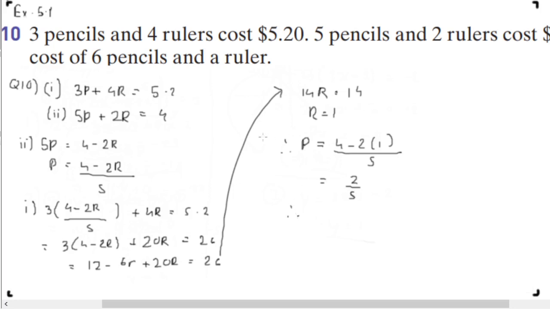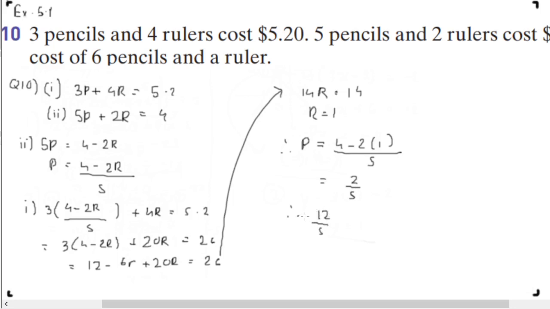Now, what do we do? It asked for 6 pencils and 1 ruler. So this is 6 times this value, right? Which, if you multiply this, is 12 over 5.